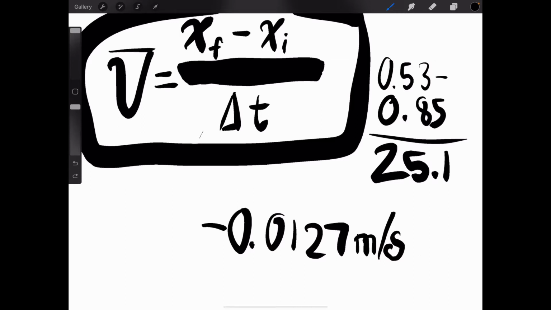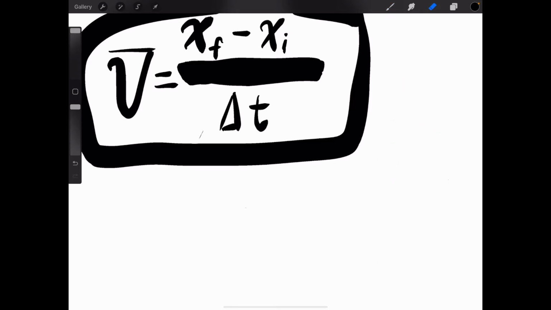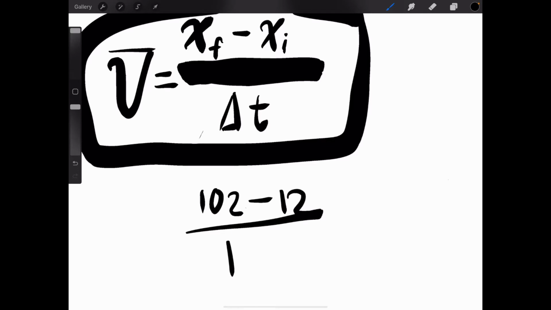Alright, we have another example. Let us see what it is. What is the average velocity of a car that travels from the 102 meter location to the 12.0 meter location in 15 seconds?